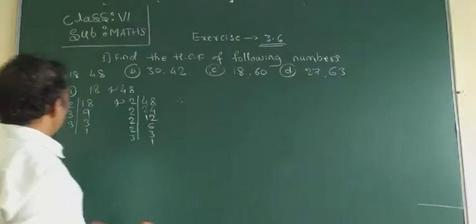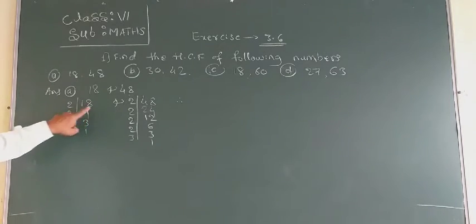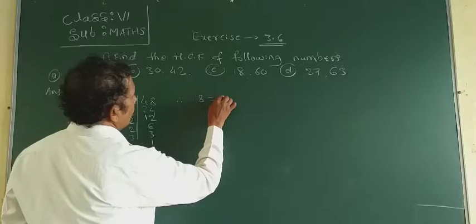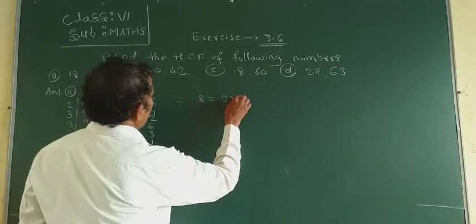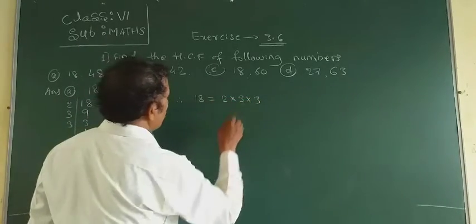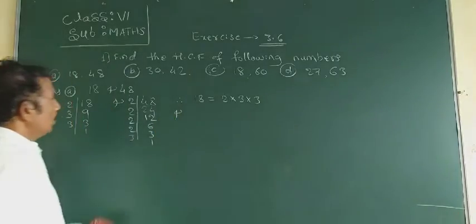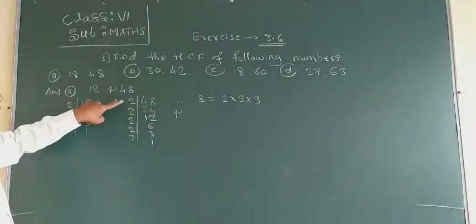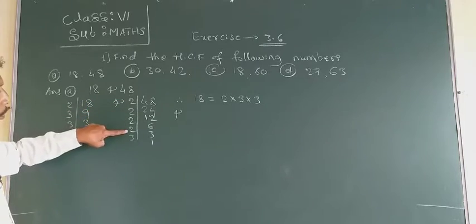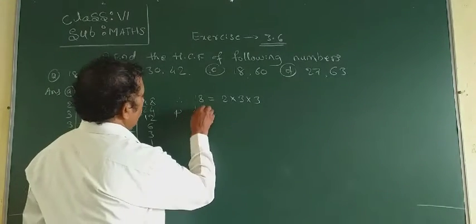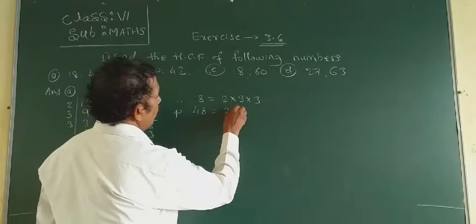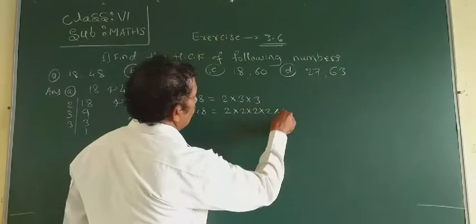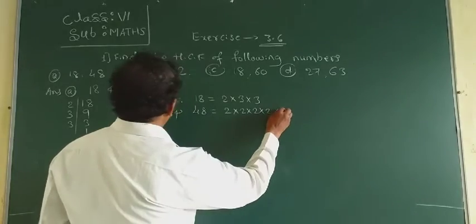Therefore, 18 can be written as 18 is equal to 2 into 3 into 3. And the given second number 48 can be written as 48 is equal to 2 into 2 into 2 into 2 into 3.